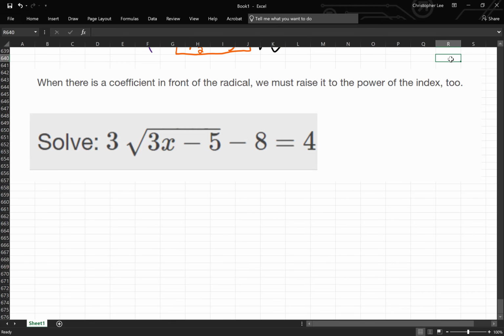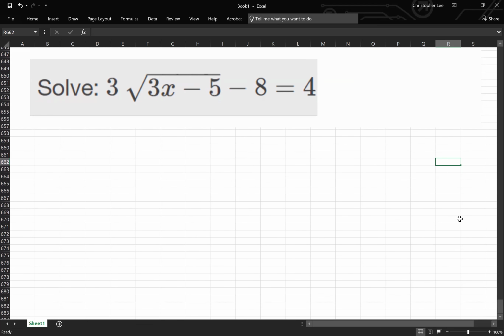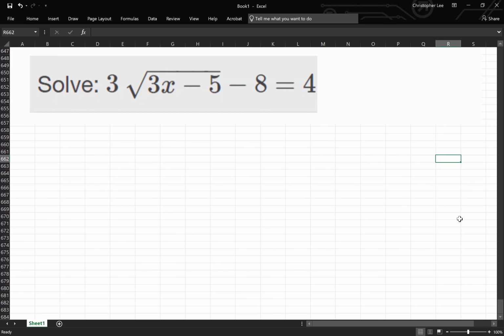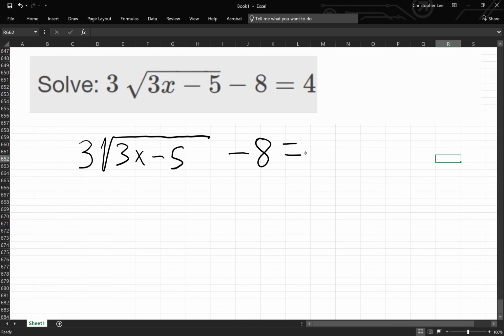When there is a coefficient in front of the radical, we must raise it to the power of the index 2. Okay? So I'm gonna do this question, which is 3 times square root of 3x minus 5 minus 8 equals 4.